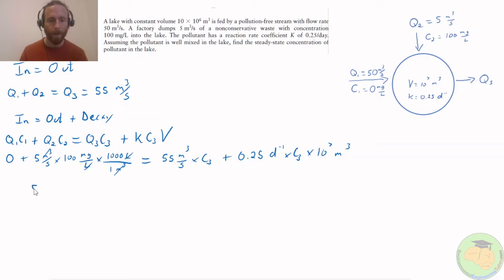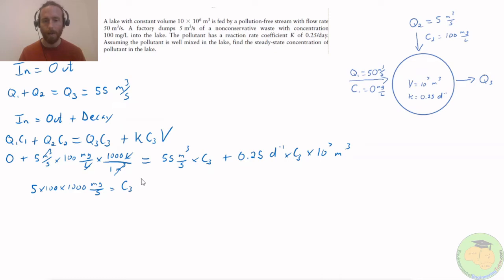So we got 5 times 100 times 1000 milligrams per second equals, so we're going to factor here.